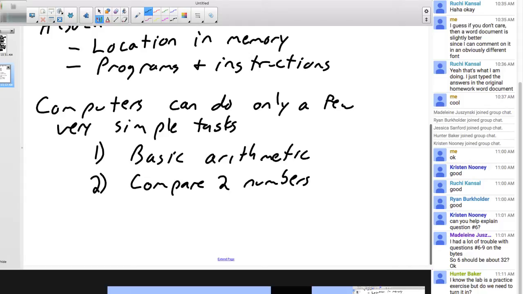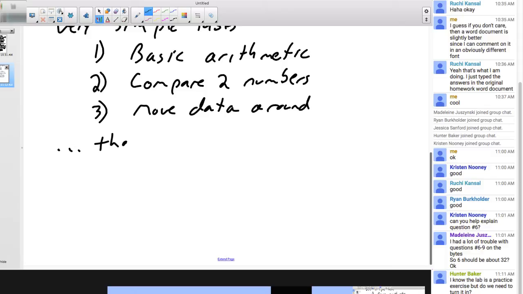And they can move data around. And that's about it. Which sounds weird given how much crazy big stuff a computer can do, but all of that crazy big stuff is really basic arithmetic, comparing two numbers and moving data around, combined in fancy ways with lots and lots of combinations of these things, millions and billions, to get big complicated stuff done.